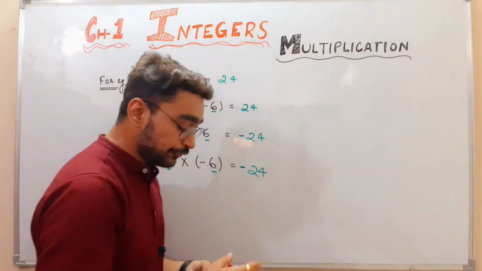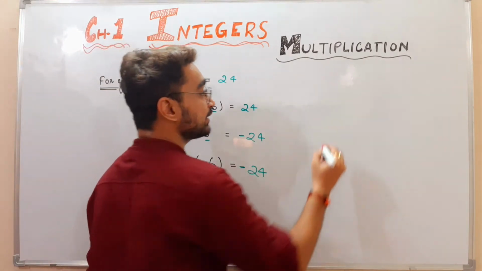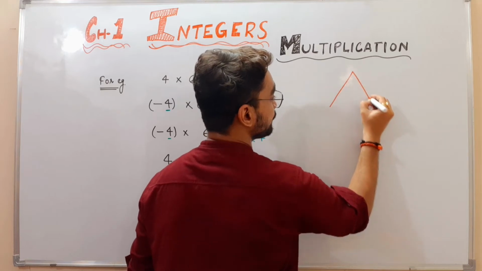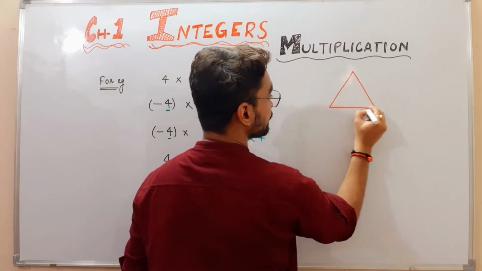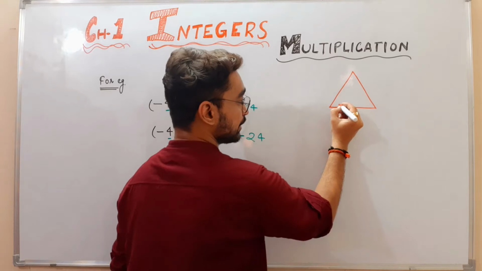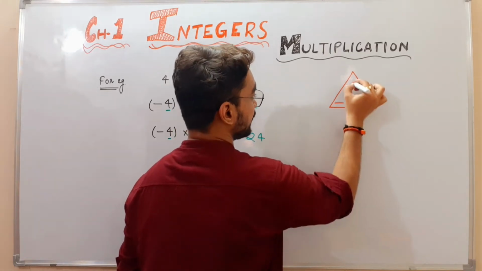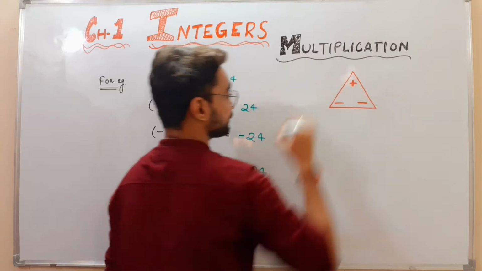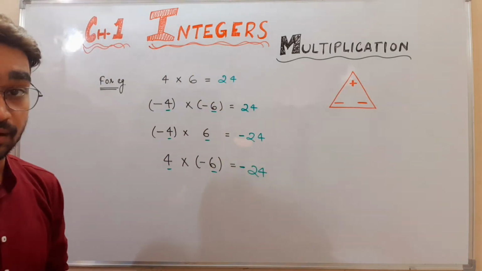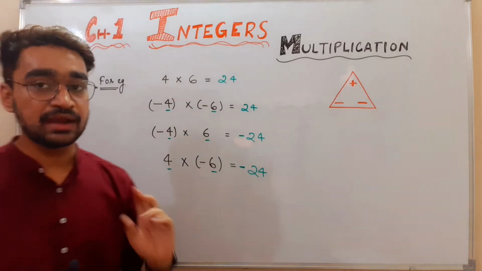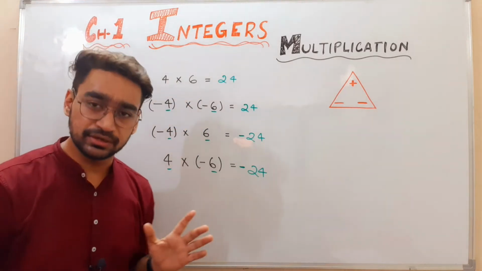For this, if you want, you can use one small triangle also, that says minus here, and here will be positive. How to use this triangle? If both numbers are positive, everyone knows that the answer will be positive, so I'm not using it.